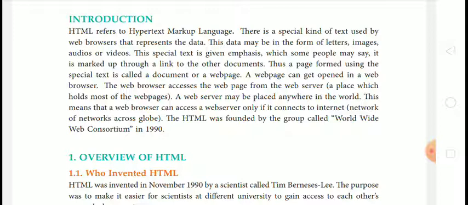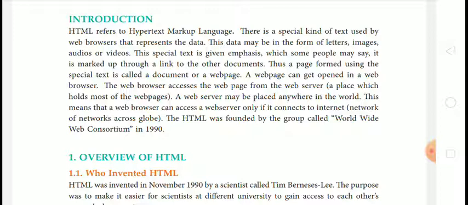First of all, we will see the full form of HTML, that is hypertext markup language. There is a special kind of text used by web browsers which represents the data, and that data may be letters, images, audio or video.